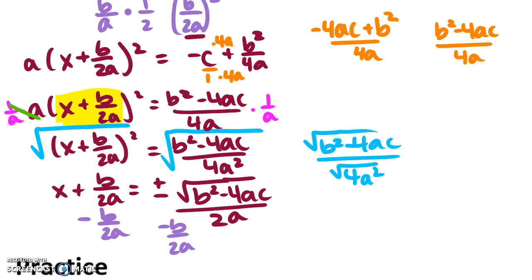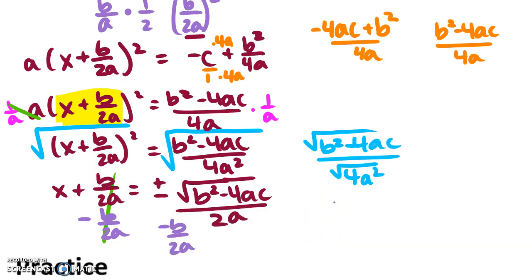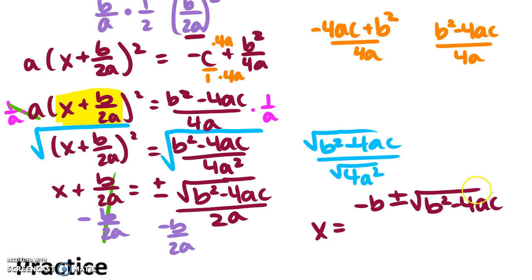X will be all by itself because those cancel. So we are left with x equals negative b, and notice that they have the same denominator, so we can write them together, plus or minus the square root of b squared minus 4ac all over 2a.